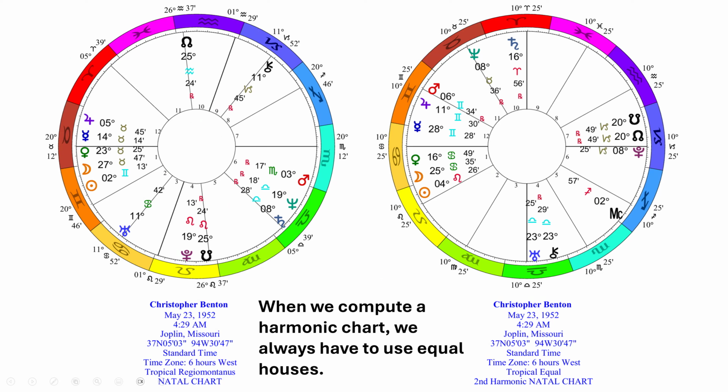And if I subtract 360 from that, 602 minus 360 leaves us with 242, which corresponds to 2 degrees of Sagittarius, which is where the midheaven is here.